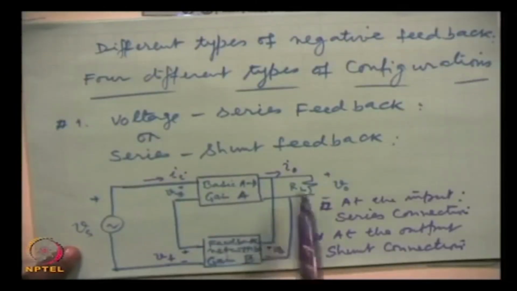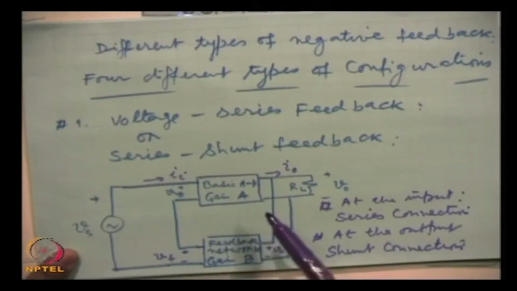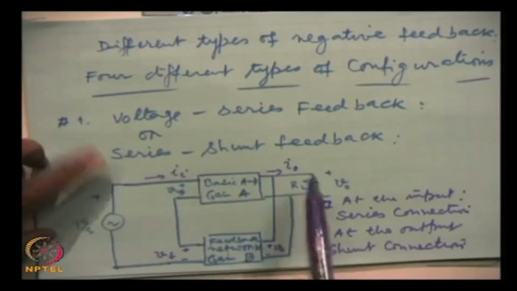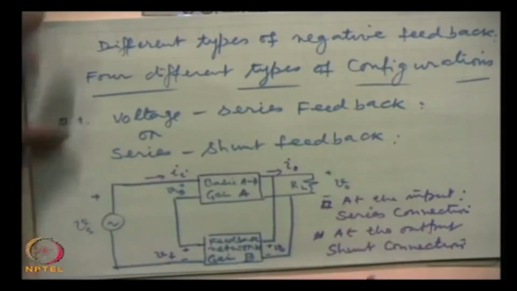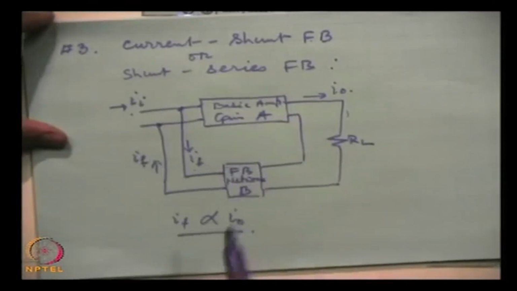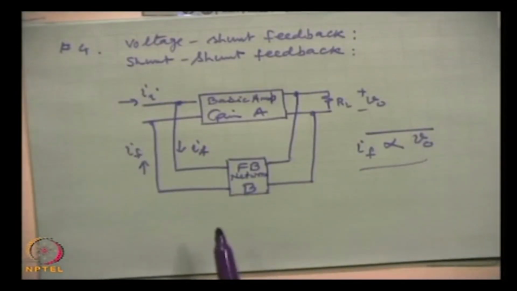This is voltage series feedback, series at the input and shunt at the output, then current series feedback, current shunt feedback, and the fourth one is voltage shunt feedback. So, 2 possibilities with current, shunt and series, and 2 possibilities with voltage, shunt and series.